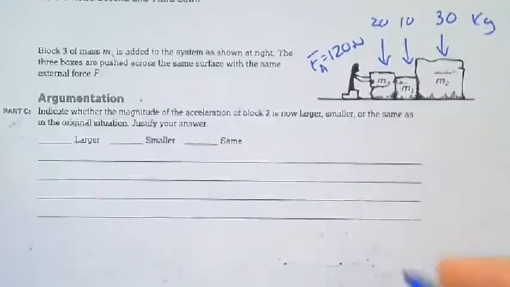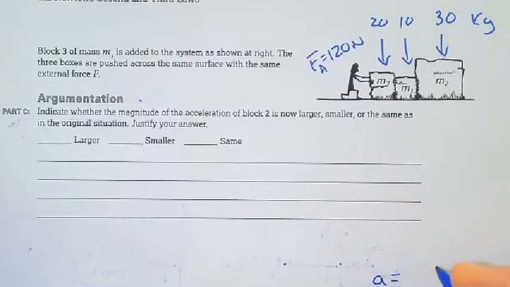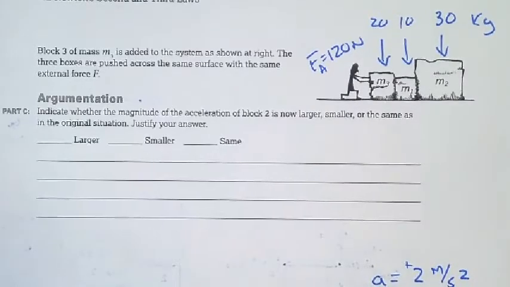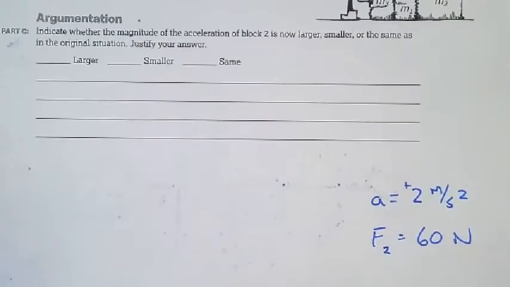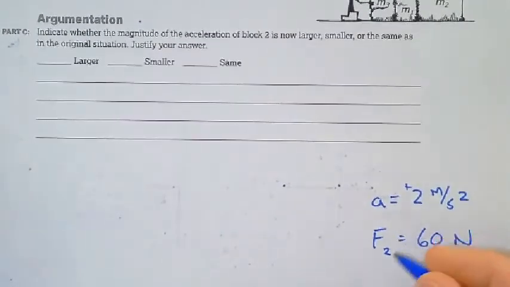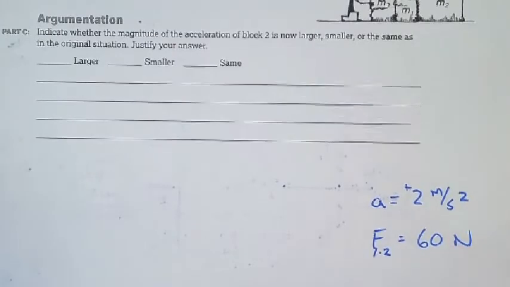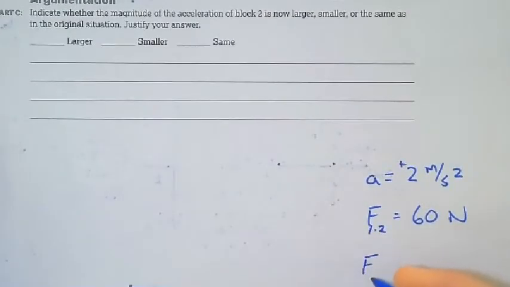I will tell you the answers for the acceleration of the system. The acceleration should be plus 2 meters per second squared. And let's see, the force on 2 is going to be equal to 60 newtons. And I would challenge you to prove that to yourself. This would be the force of 1 on 2. I would also challenge you to find the force of 3 on 1.